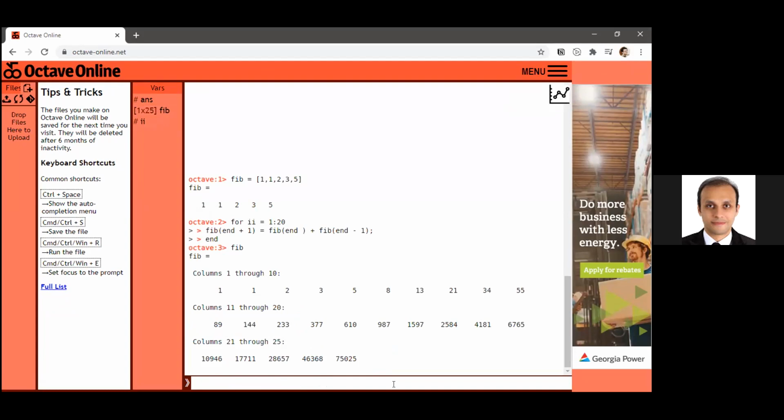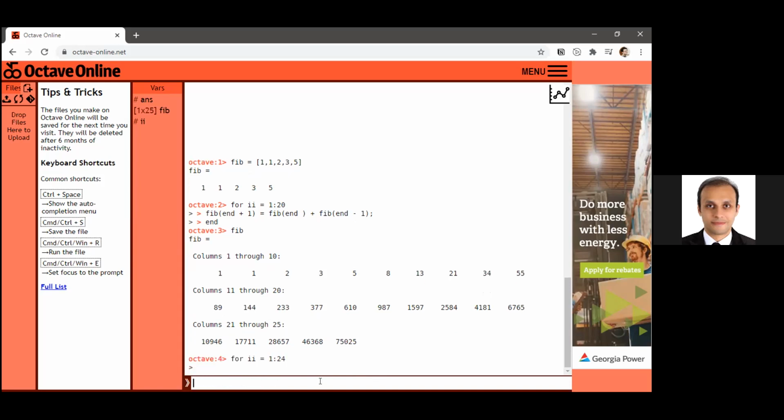Everything is correct. And now we find the ratio of this Fibonacci number to this. You're taking the ratio of two consecutive Fibonacci numbers. Okay, that's also fine. Let's see.